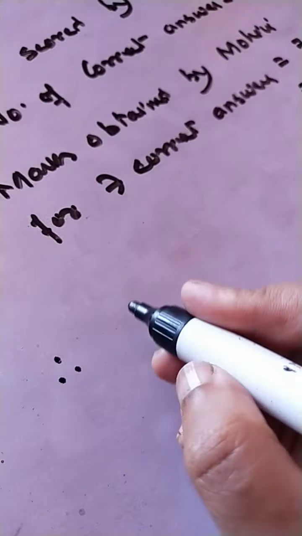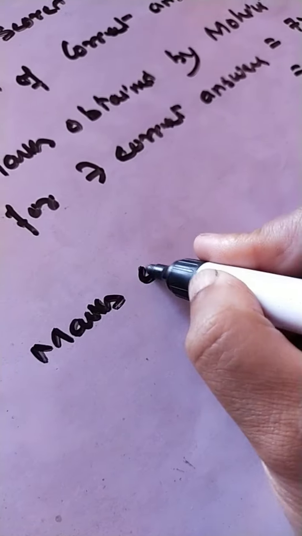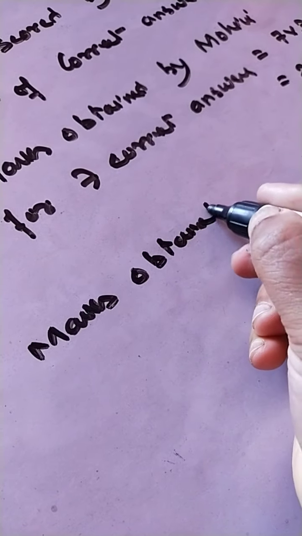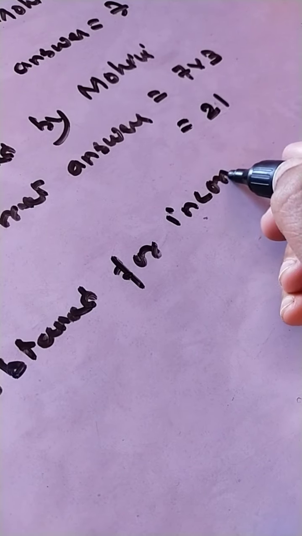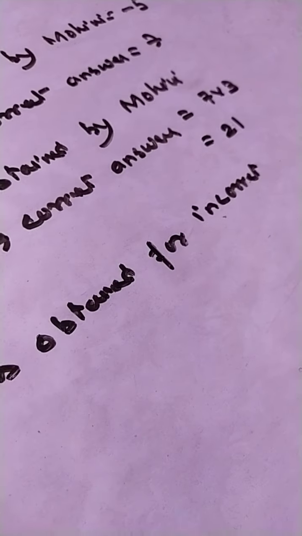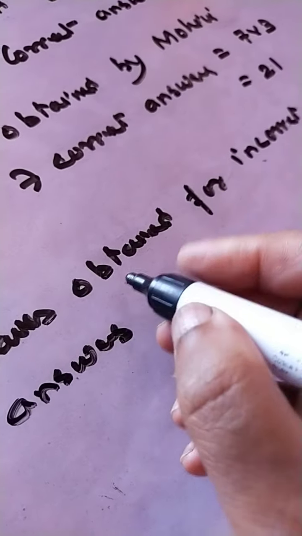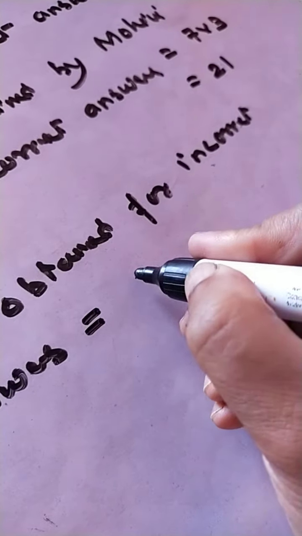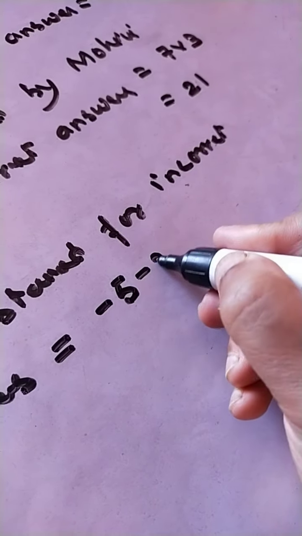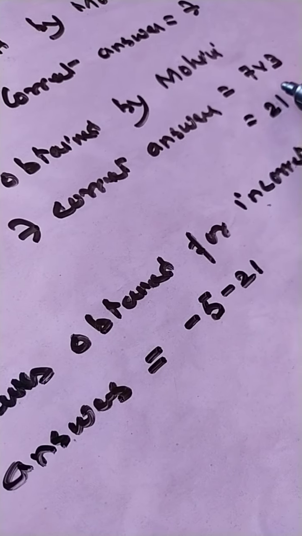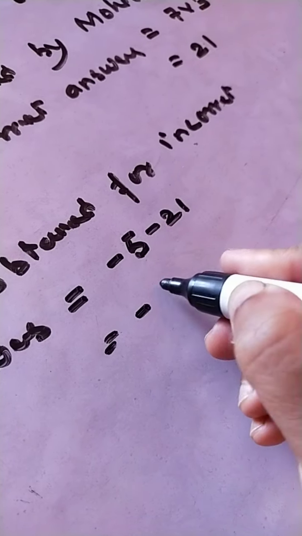Now, how much marks are obtained for incorrect questions? Obviously, we'll do the same thing. The marks obtained for incorrect answers is, from the total points that she has scored, we have to subtract this 21, because this is the points that she has scored from 7 correct answers. So the rest will be minus 27.